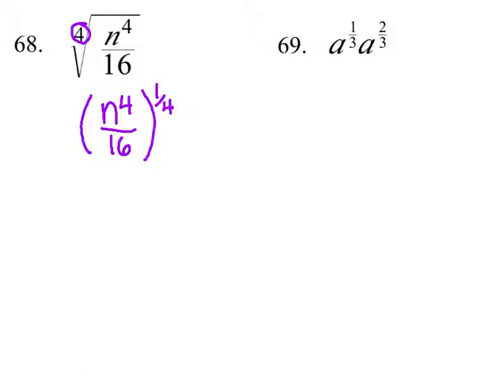This looks a lot like some of those problems that you did earlier when we did powers to powers. If you remember, what this means is you're going to distribute that 1/4 here and that 1/4 here. So basically I've got n to the 4th, raised to the 1/4, over 16 to the 1/4 power.